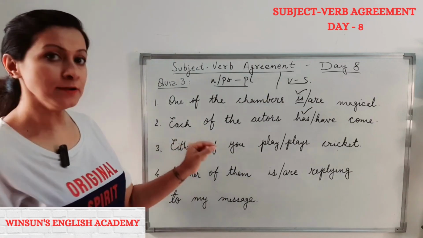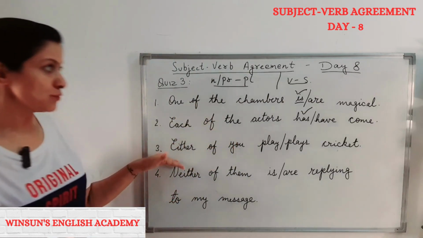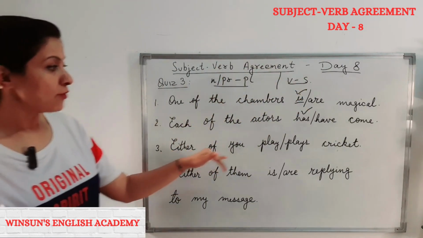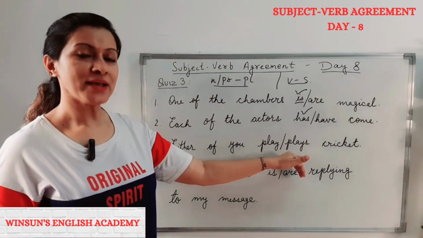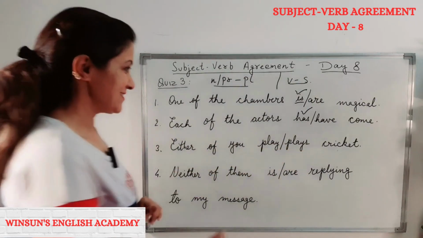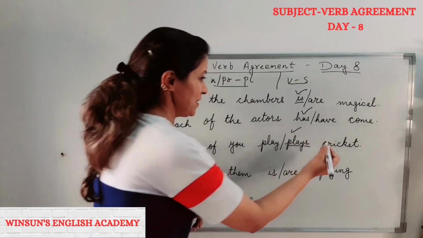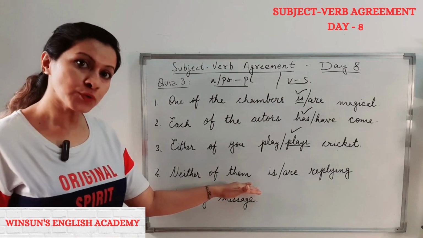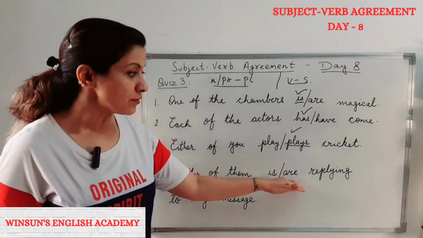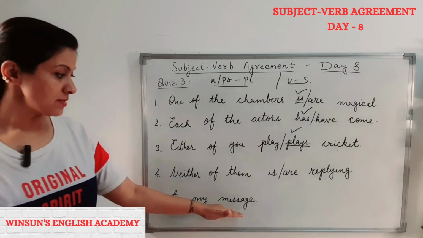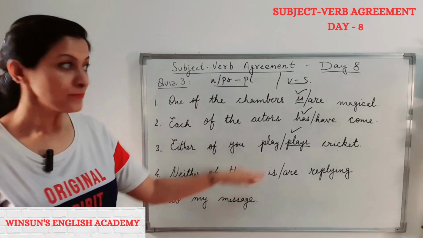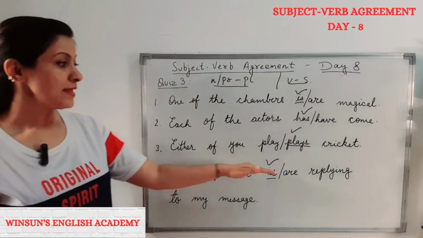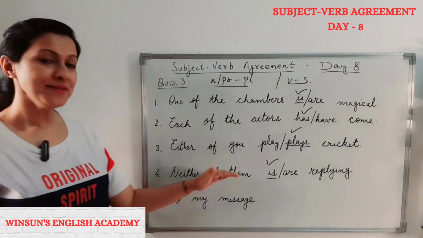Okay, and it takes the plural verb, but as per this rule the verb must be singular. So either of you play or plays, the power of S. Verbs take an S. Yes. Plays. Okay, plays cricket. Last one. Neither of them, plural, right? Is or are replying to my message. Neither of them verb singular, is. Neither of them is replying to my message.